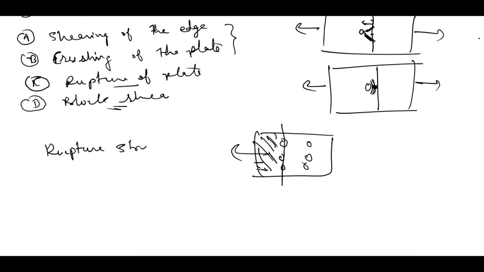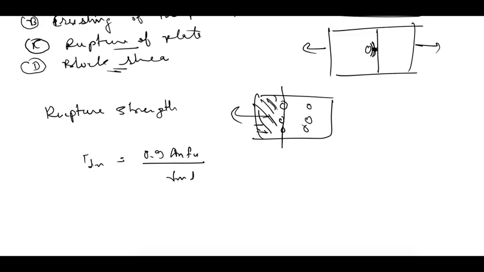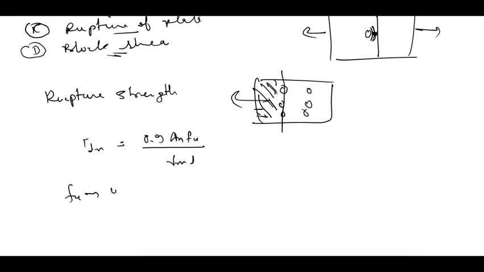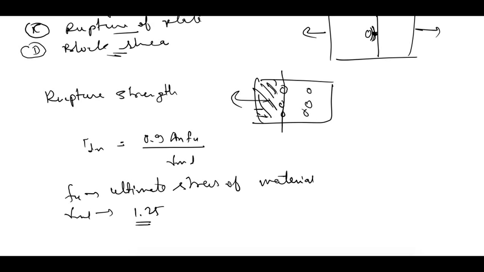The rupture strength according to the code is given as T_dn equal to 0.9 A_n f_u divided by gamma_m1. Here A_n is the net effective area, f_u is the ultimate stress of the material, and gamma_m1 is the partial safety factor at ultimate stress, equal to 1.25.